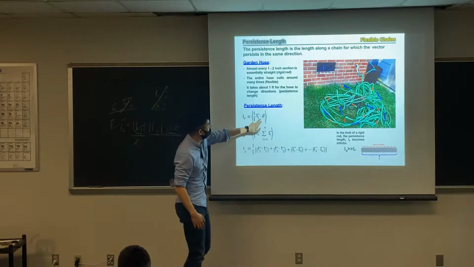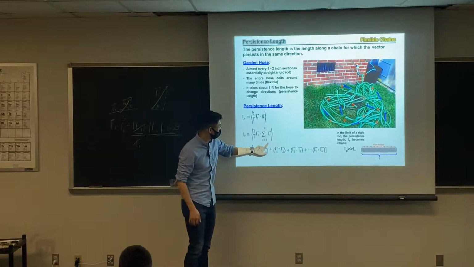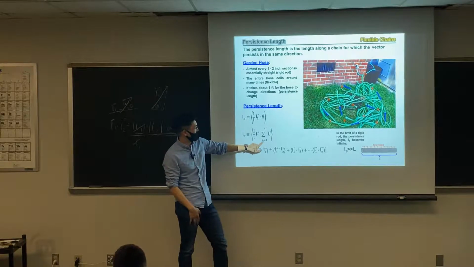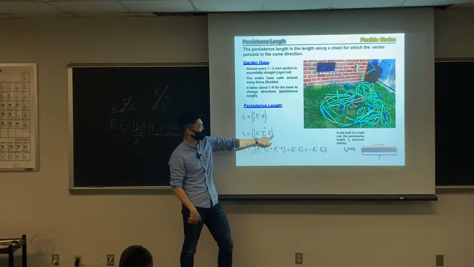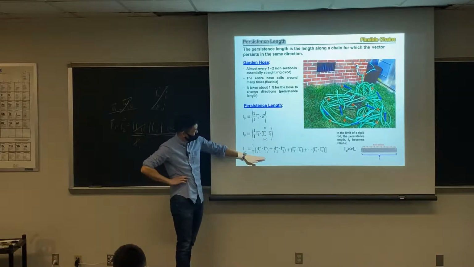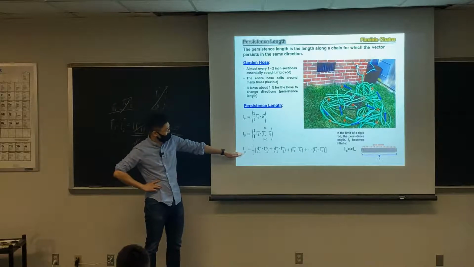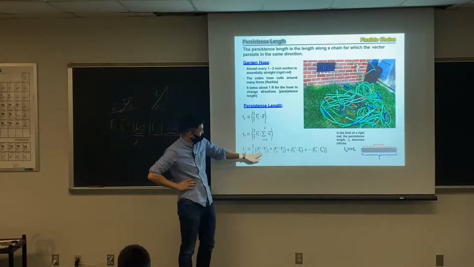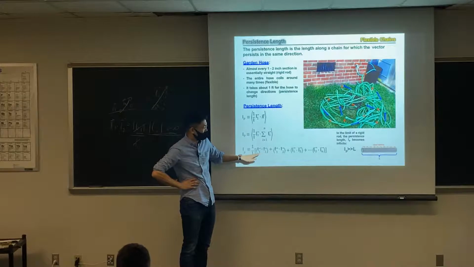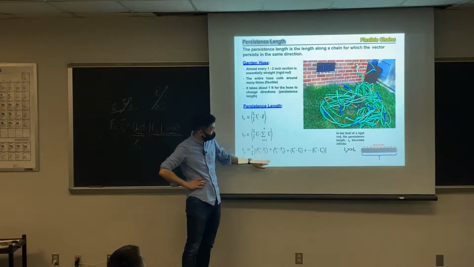This R is the end-to-end distance, so this can be translated to exactly this: L1 all the way to Ln. Persistence length basically means we need to examine every single bond's projection along one bond's direction. L1, how much it's projected to L1's direction.